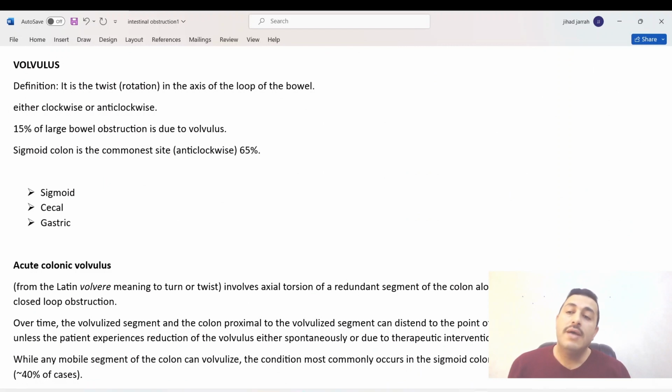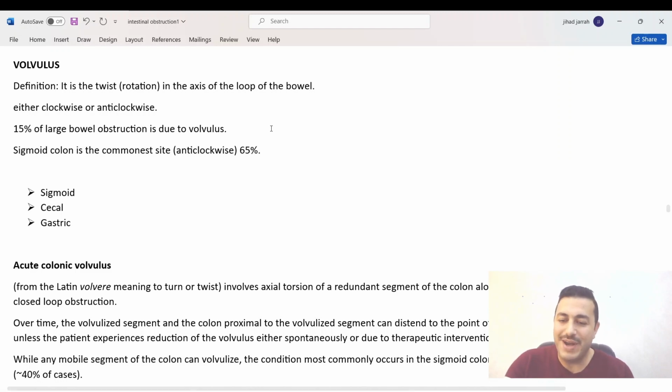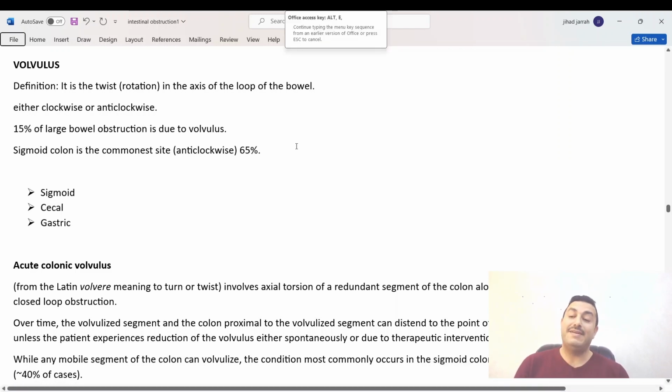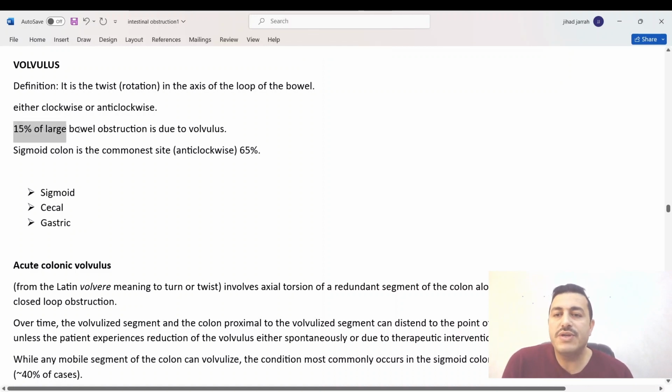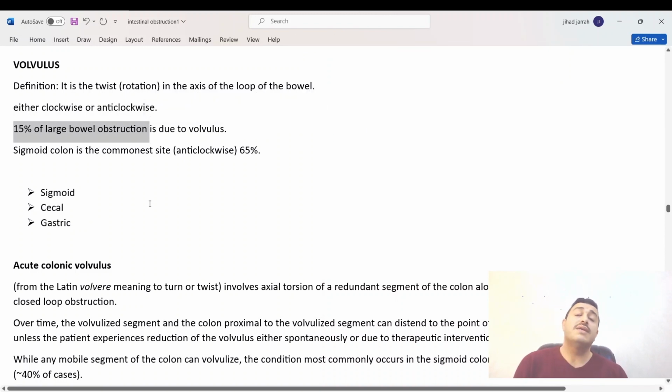Volvulus, as you know, is twisting or rotation in the axis of a loop of the bowel. It can be counterclockwise or clockwise. Okay, 15% of large bowel obstruction is due to volvulus. Actually, the common site is the sigmoid. This is maybe related to the anatomy.